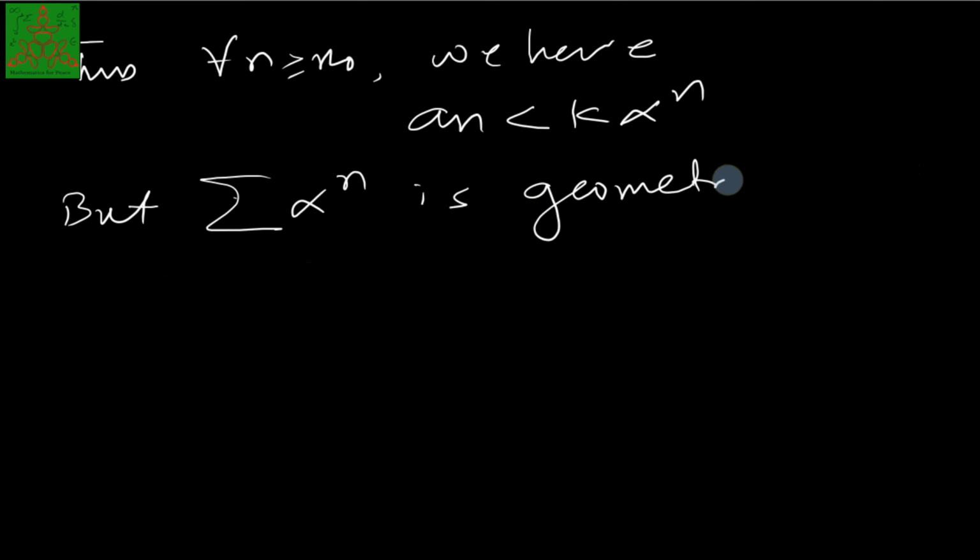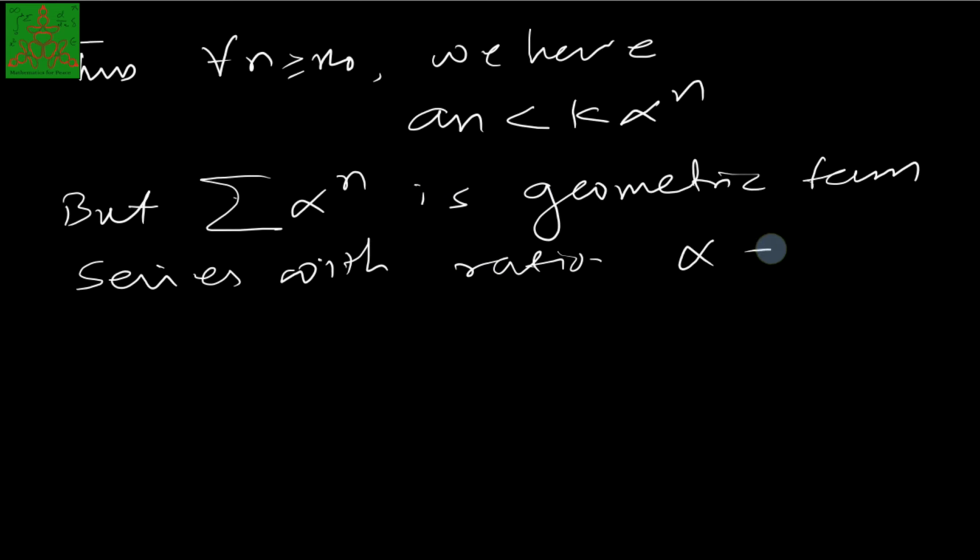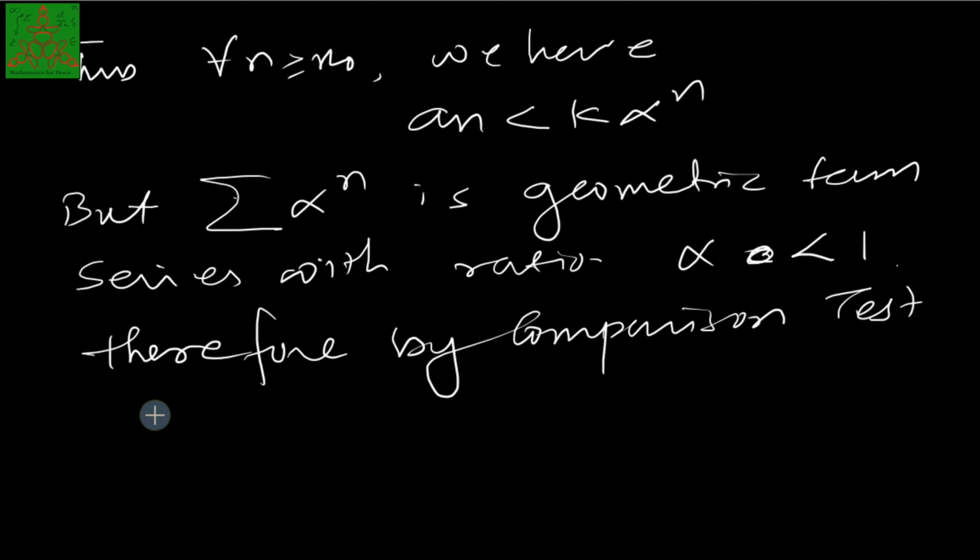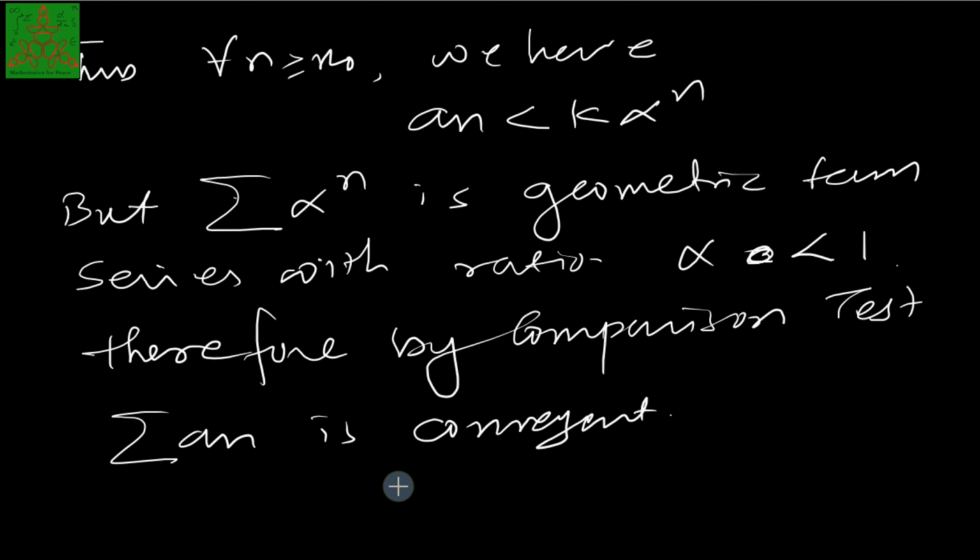But summation of alpha raised to n is a geometric series with ratio alpha which is less than 1. Therefore, by the comparison test, the summation of a_n is convergent. So here we have done the proof for case number 1.